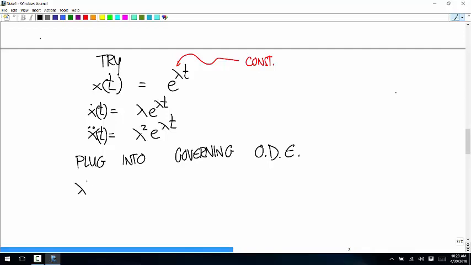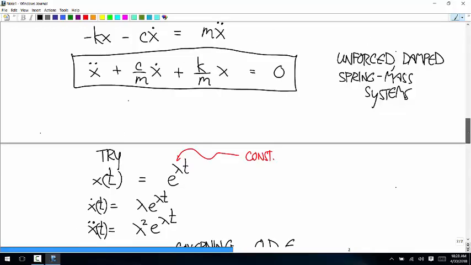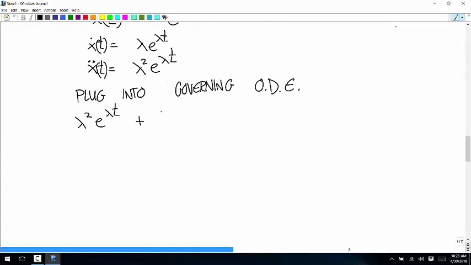So we have lambda squared e to the lambda t plus lambda c over m e to the lambda t plus k over m e to the lambda t is equal to 0.